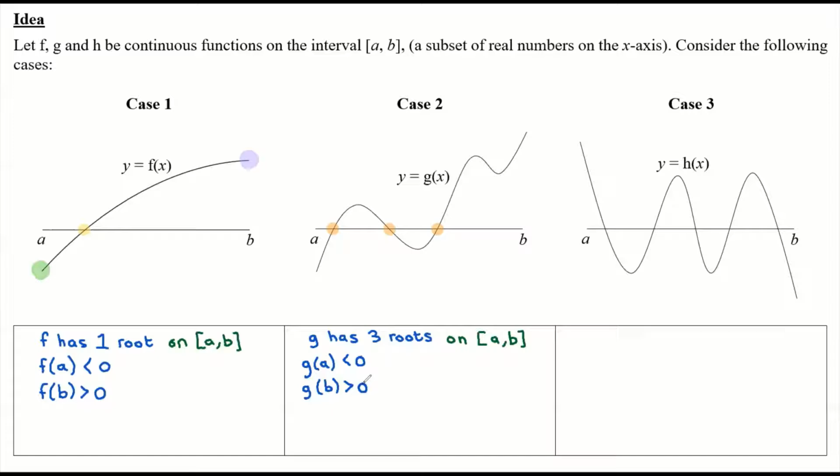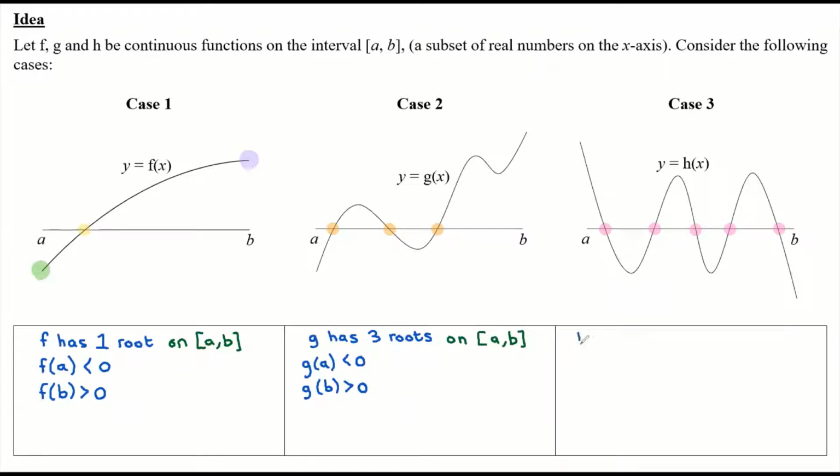Okay, so let's move on to case 3 and deduce the number of roots that we have. So we seem to have 1, 2, 3, 4, 5 this time. Okay, so we seem to be going up in 2s. So let's just make a note of that.